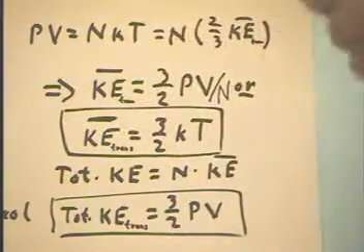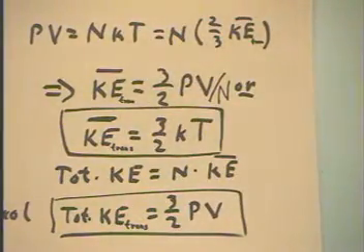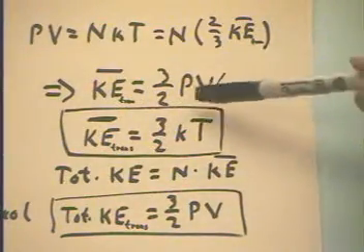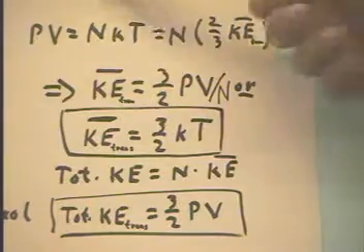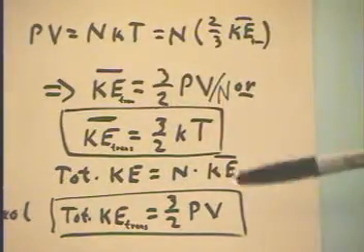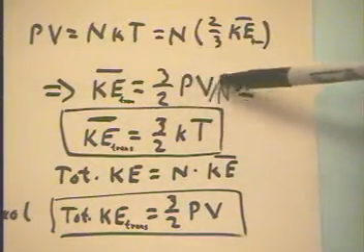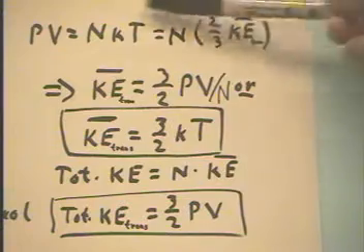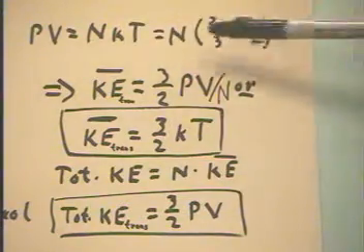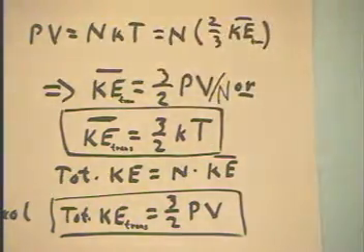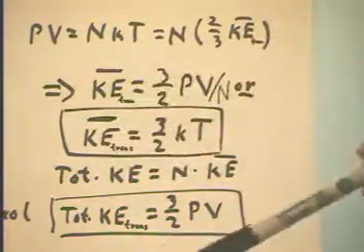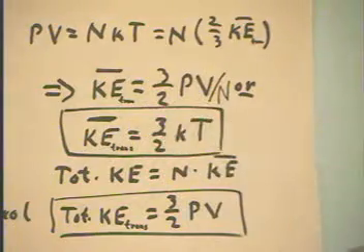What I'd written there is the total translational kinetic energy. Okay, average translational kinetic energy, we see from setting this equal to PV and then solving for kinetic energy, is 3/2 times PV over N. That's one expression. The other is what I was alluding to a minute ago. This is equal to this. Whatever is multiplied by N here is equal to whatever is multiplied by N here if we have a true equation, so that the average translational kinetic energy is 3/2 KT.